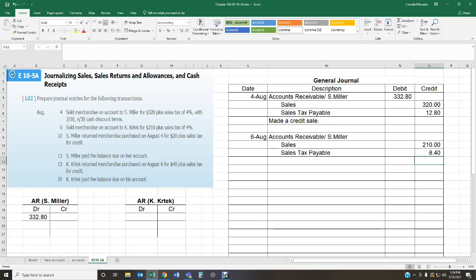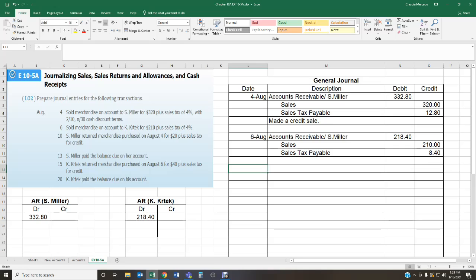So how much does Kurtek owe me? Well, Kurtek owes me the $210 plus the $8.40. Kurtek owes me $218.40. Okay. So I'm going to go over here to my T account for Kurtek, and Kurtek owes me $218.40. Accounts receivable is an asset account, and its normal balance is a debit. Okay, so that happened on the 6th.